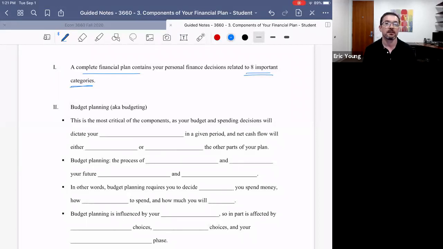Your big task for this lecture: number 1, understand each of those 8 categories, know the definitions, get the broad idea. But critically, number 2, start thinking about how those individual pieces tie together. Here's a hint for you.